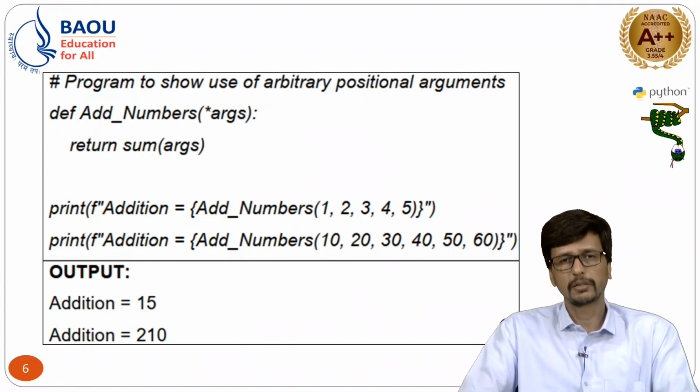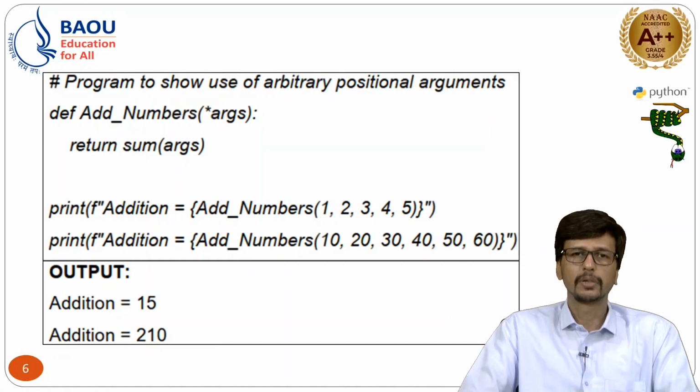Yes, the asterisk is mandatory because you are defining a variable argument here. Then after, some inbuilt function we are using because we are passing the arguments or values in the form of a tuple. So you can observe here, add_numbers, you are passing 1, 2, 3, 4, 5, it is in parentheses. So we are passing a tuple.